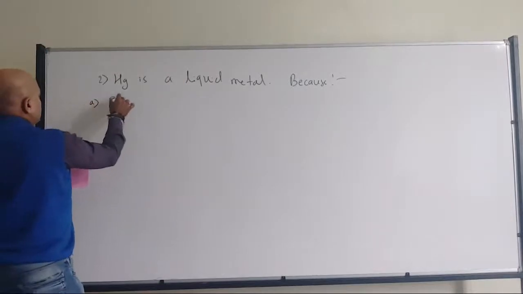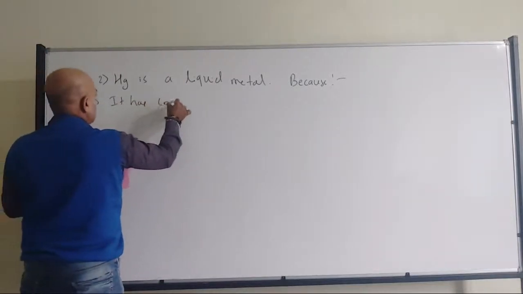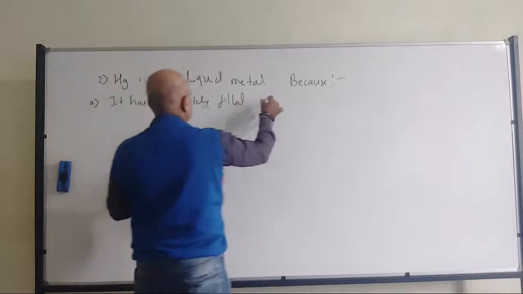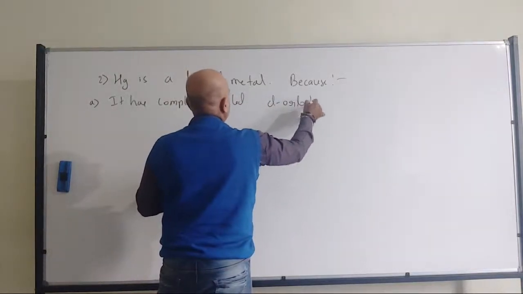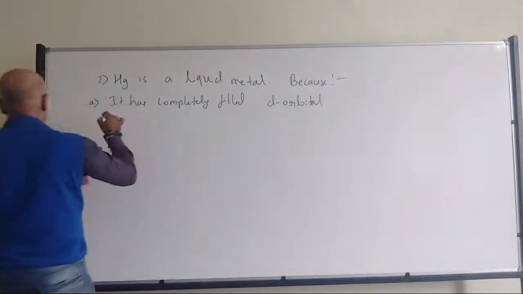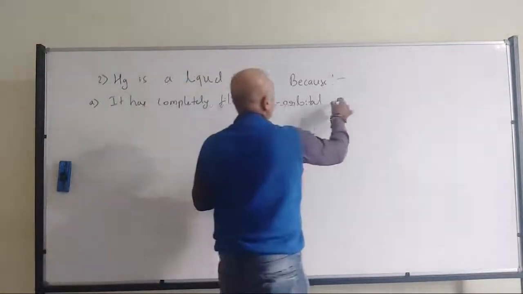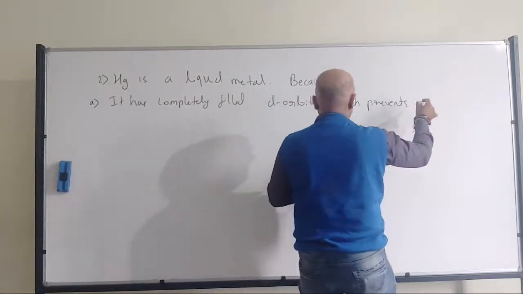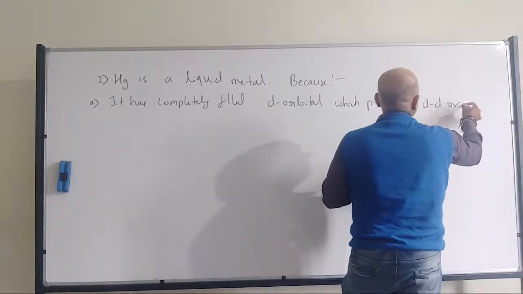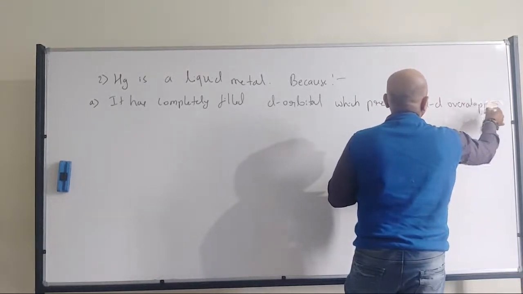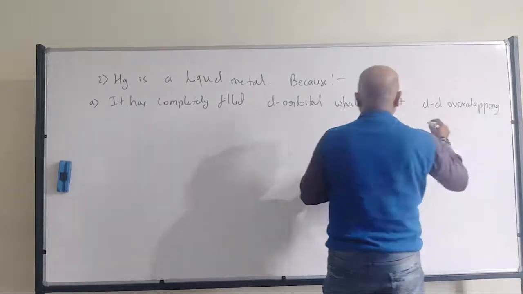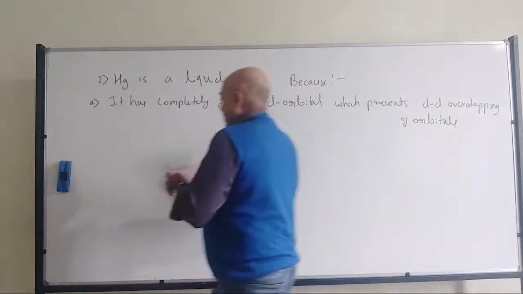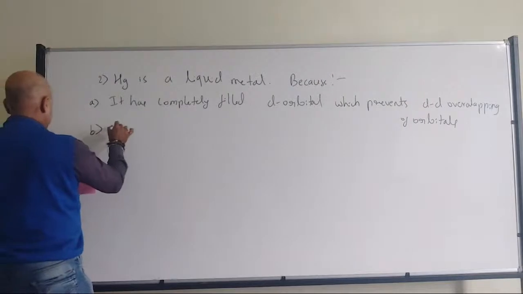Option A. It has completely filled d orbital, which prevents d-d overlapping of orbitals.